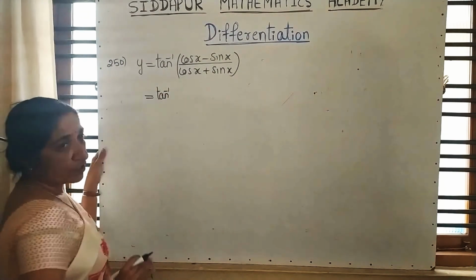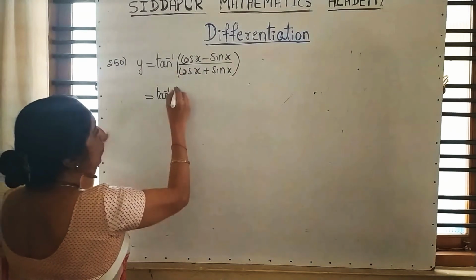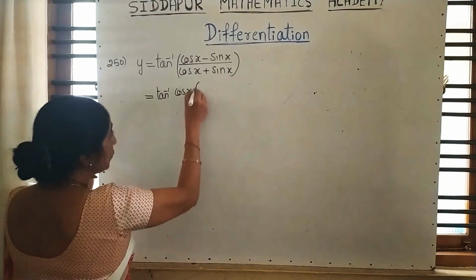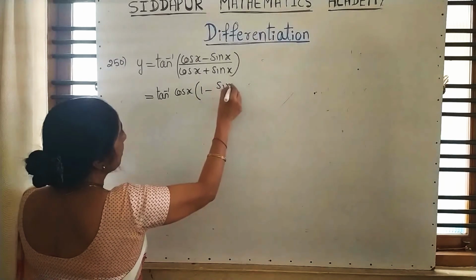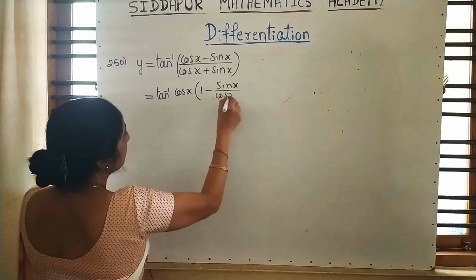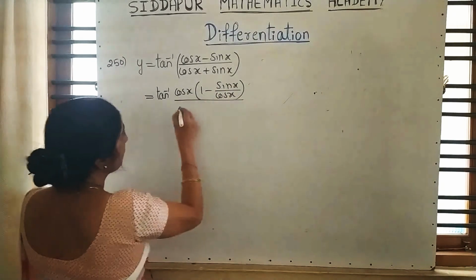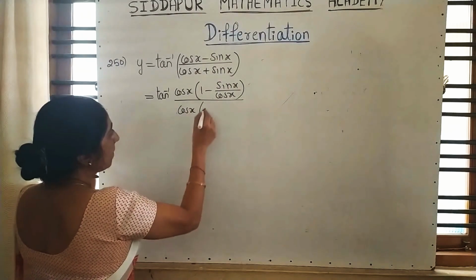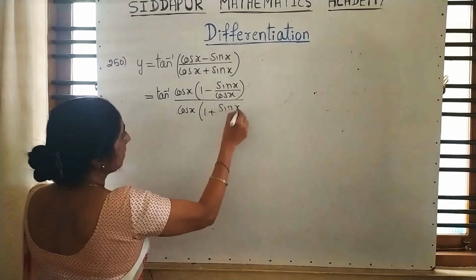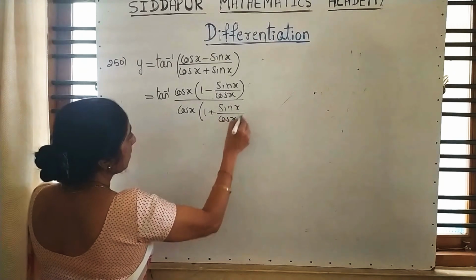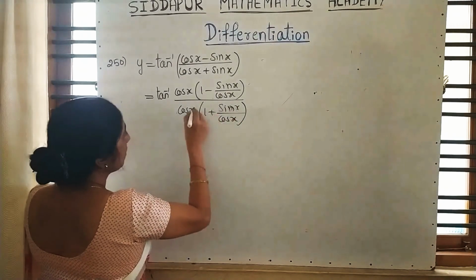Here I am not going for substitution, already x is there. So I took cos x common in both numerator and denominator. Understood? These get cancelled.